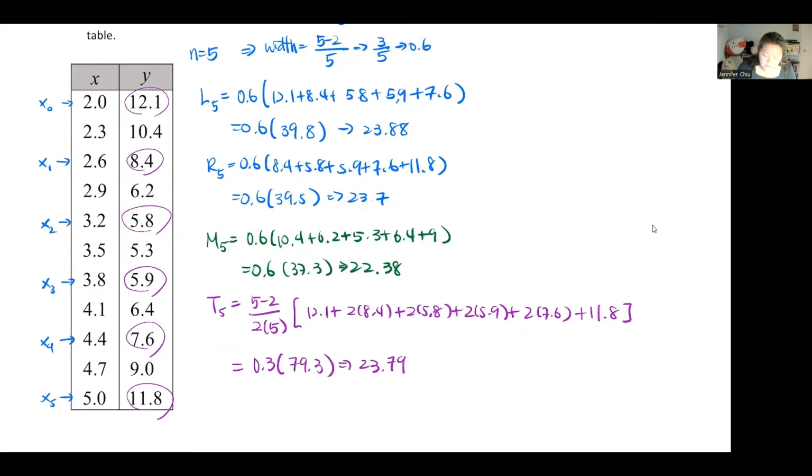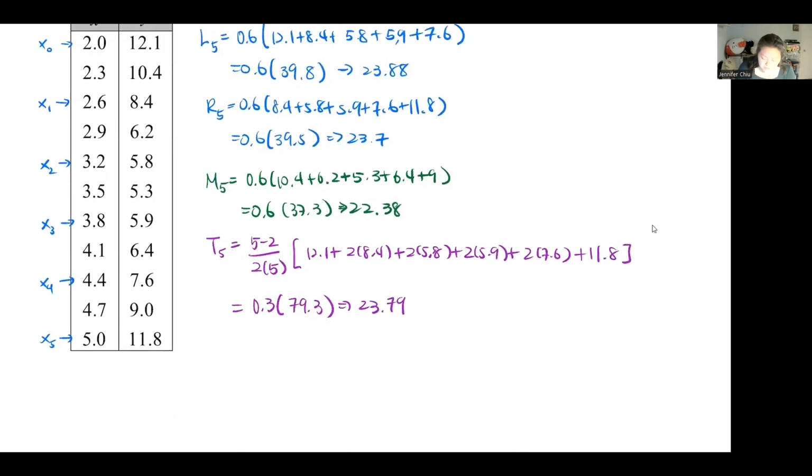Okay, last one. We're going to do Simpson's. Simpson's requires everything, including the midpoint values. So Simpson's, S sub 5 equals B minus A over 6n. First value 12.1, and then the midpoints get multiplied by 4.